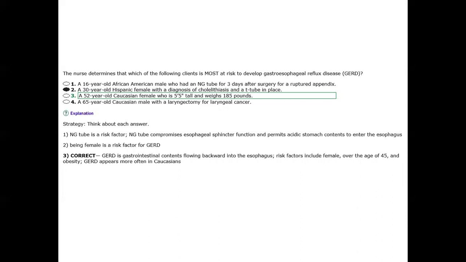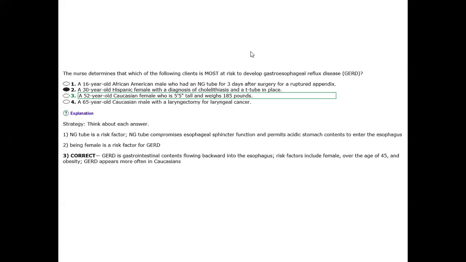Number 1 here is 16 years old. If anybody is 16 years old, they have a low chance or no chance to develop gastroesophageal reflux, right? So we will not spend our energy on it. Better to go for the next one.